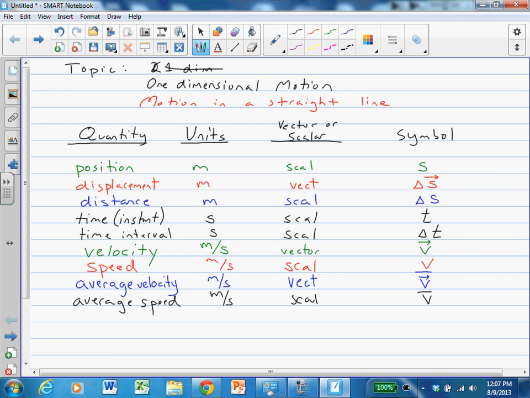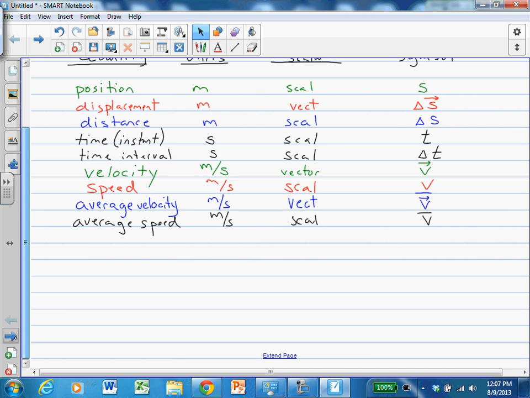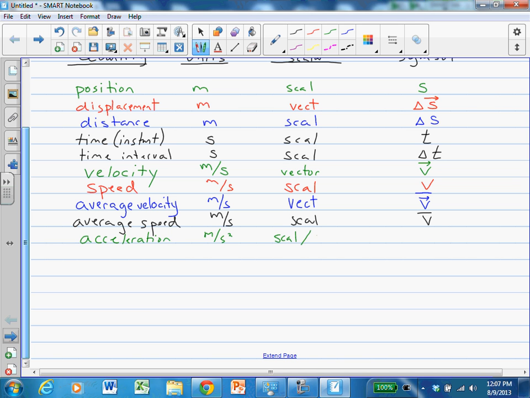Acceleration is in meters per second squared. There's a scalar version or a vector version, and it could be a or a with an arrow.